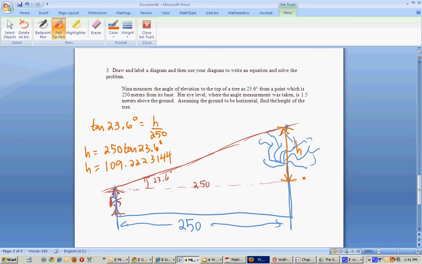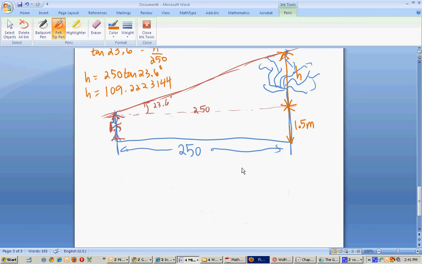And to that height, we need to add Nina's eyeball height of 1.5 meters and get approximately 110.7223144, which to 3 significant figures is 111 meters. That is the answer to the question.